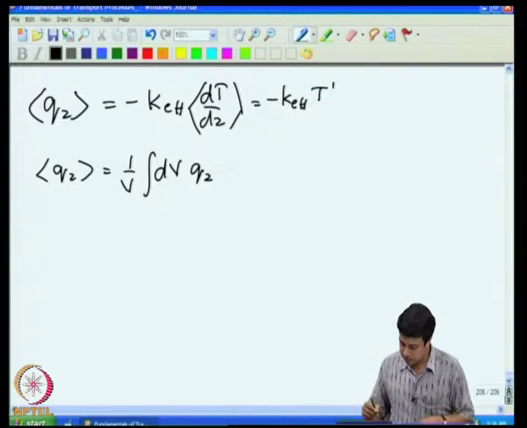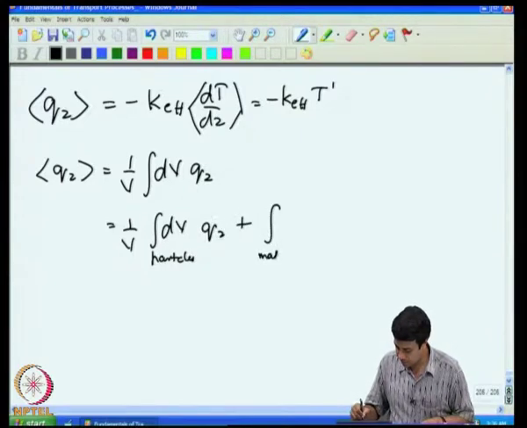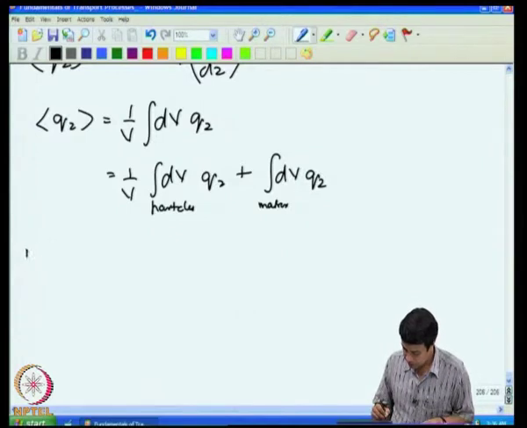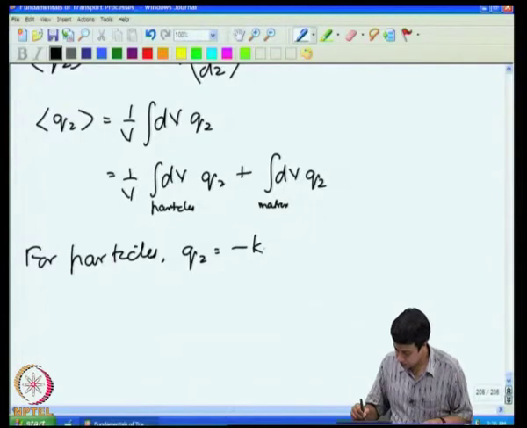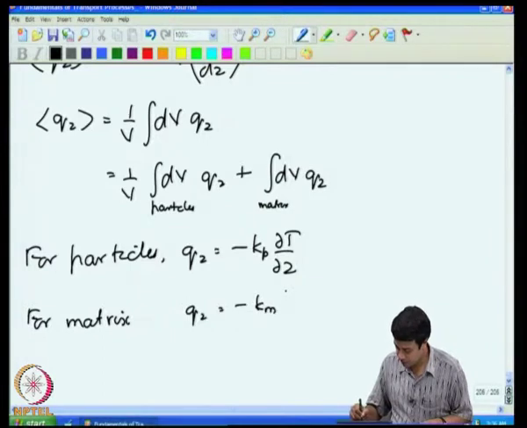Now, this I can separate out into two parts, one integral over the particles of Qz plus the integral over the matrix. For the particles, Qz is equal to minus k particles dT by dz, and for the matrix, minus km dT by dz.